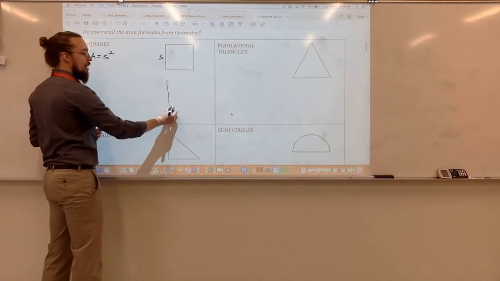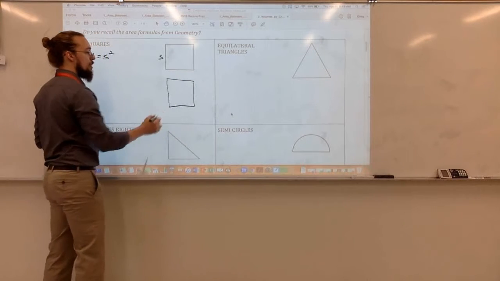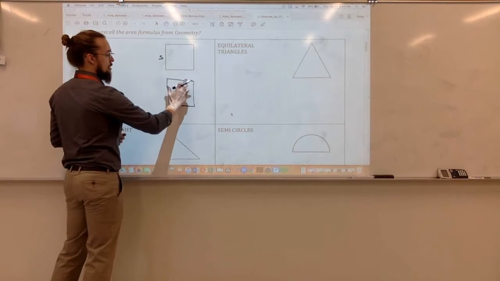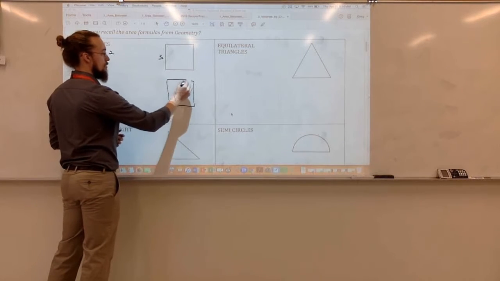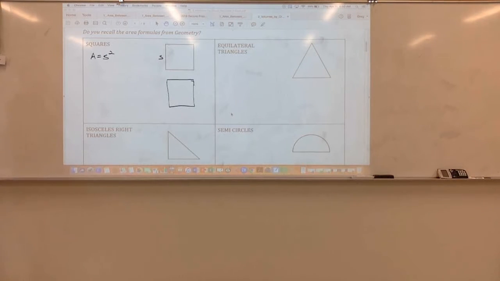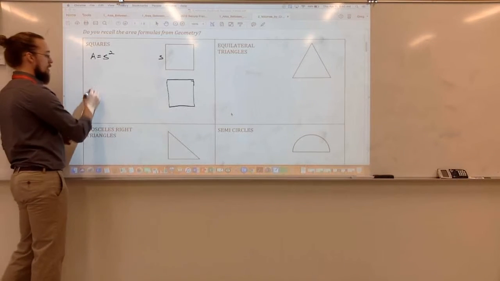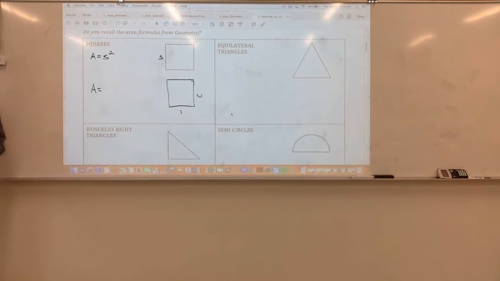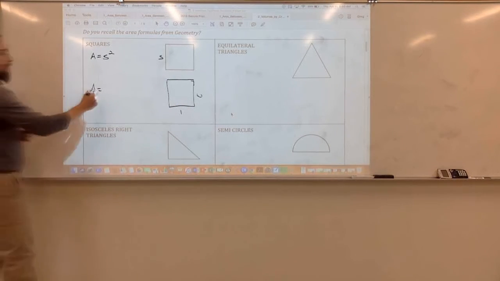So a lot of times if you see a rectangle problem, it'll say like the height of the rectangle is twice the base or 3 times the base or something like that. Right? So what's the area of a rectangle then? If I say this is like length and width, length times width, right?